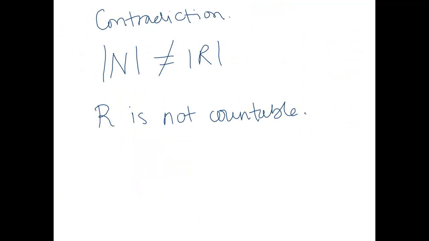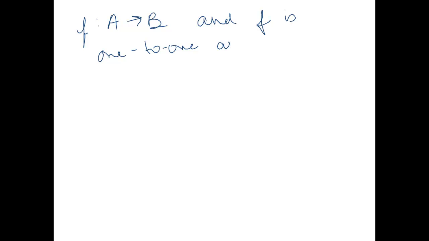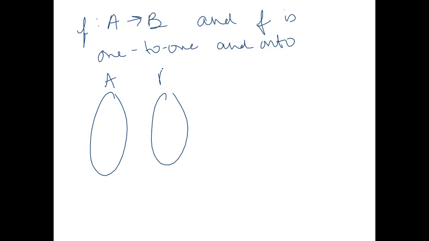So I just want to remind you that if we have a function f that maps, say, a to b, and f is one-to-one and onto, what does this mean? It meant a couple things.